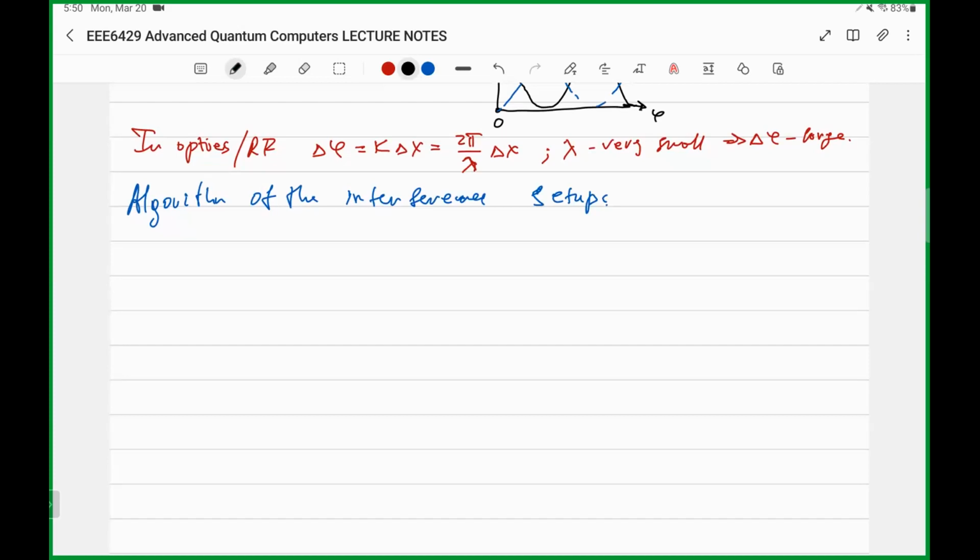So, algorithm for the interference setup. First of all, we have to open the superposition, by putting the first semi-transparent screen in optics, for example, or in quantum, putting the Hadamard gate in the first place. The second step is control phase.